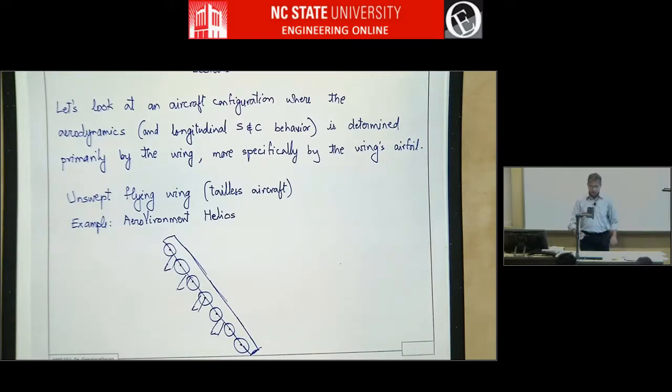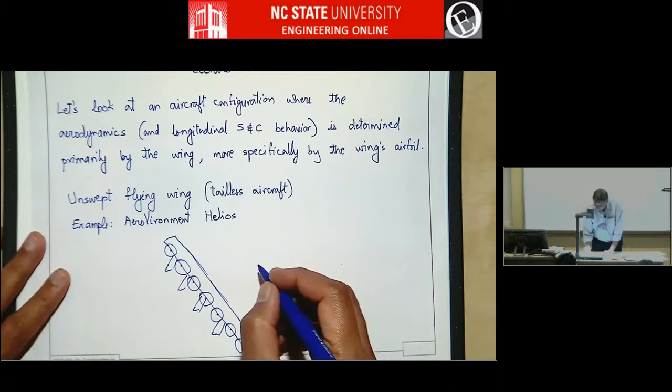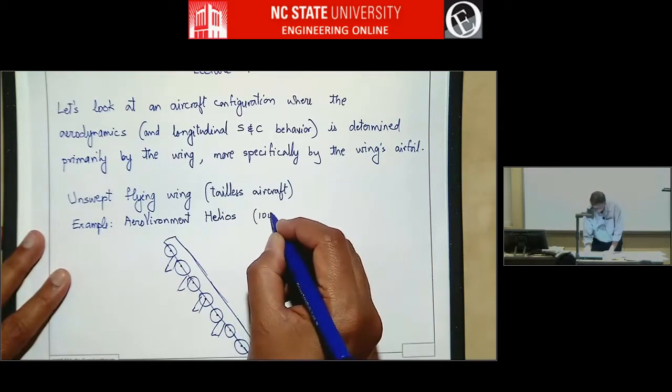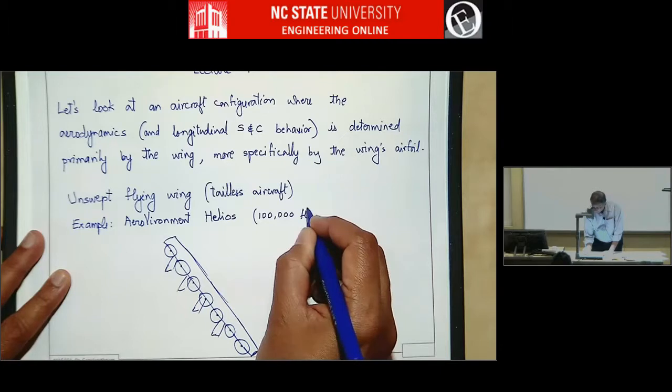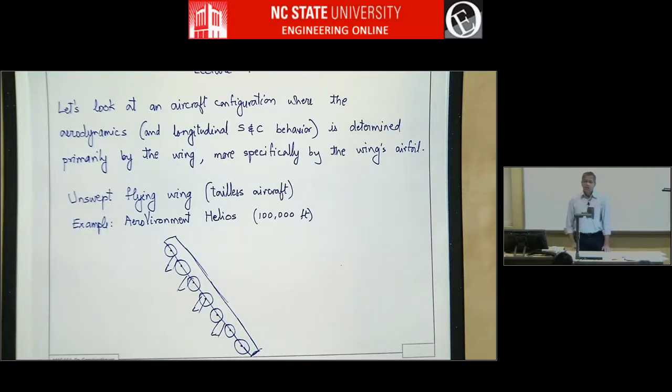The top was covered with solar cells, and this was funded by NASA. The idea was to develop a platform that can go up to very high altitudes, 100,000 feet, purely on solar power and do atmospheric measurements.